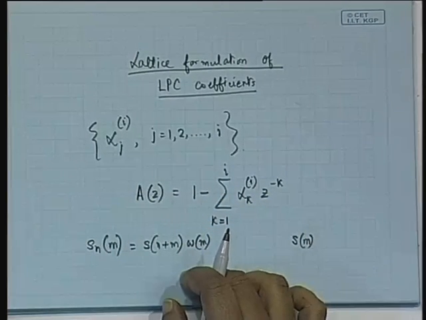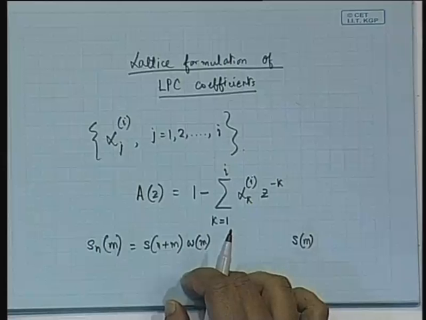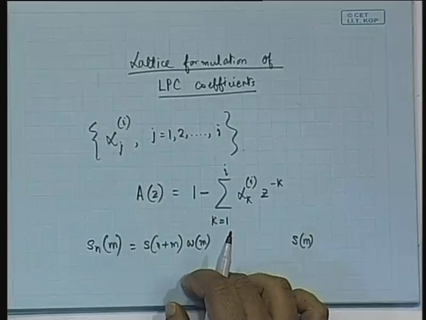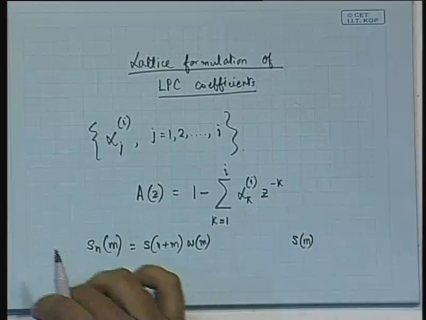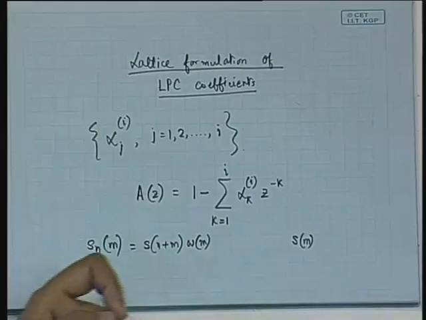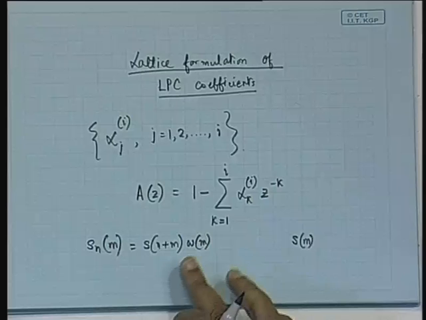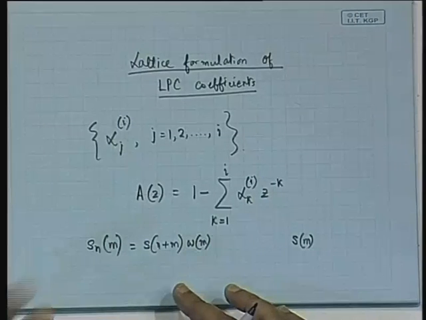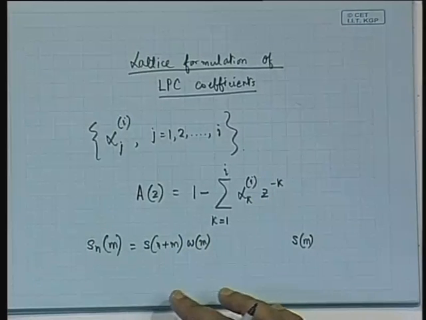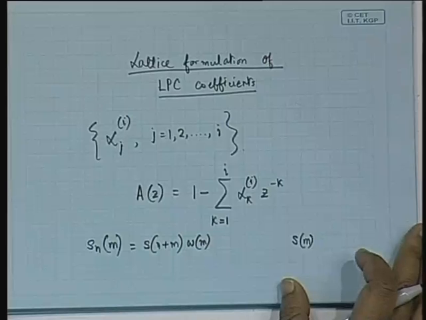Correct, that is it. Whenever we are giving the S of m as an input to this filter, we will be getting the error, or rather the prediction error at the output. So, we can write the time domain expression for the prediction error like this.